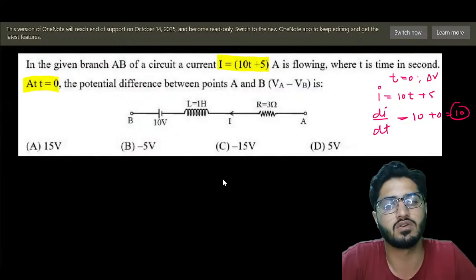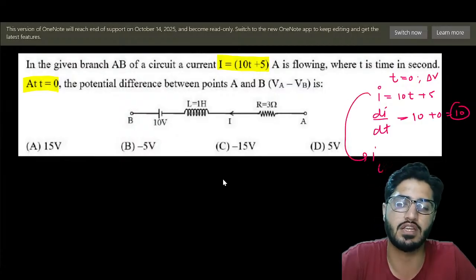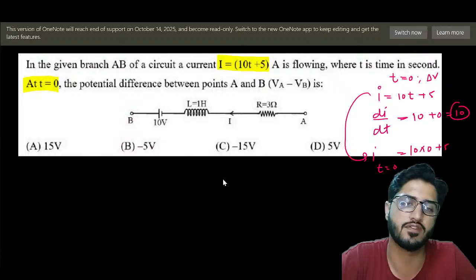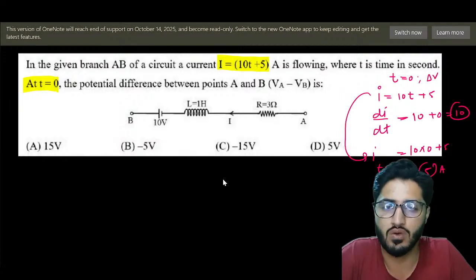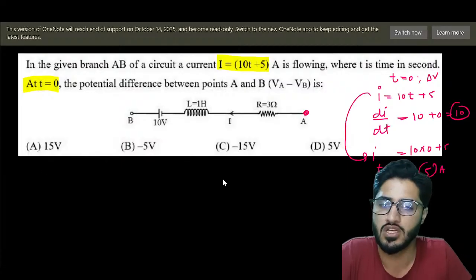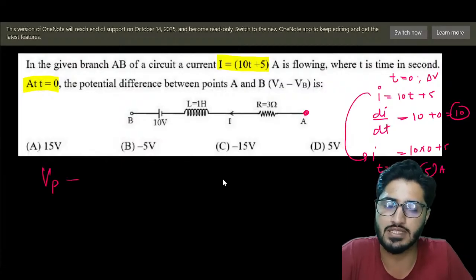And what is current now? When t equals 0, it is 10 into 0 plus 5, it is 5 ampere only. So now let us go from here. Potential at A minus I, I is 5, into R, R is 3, minus L di by dt, then plus 10 equals VB.